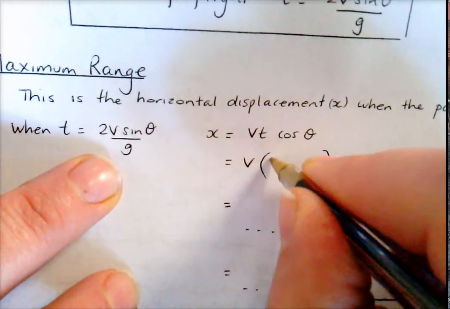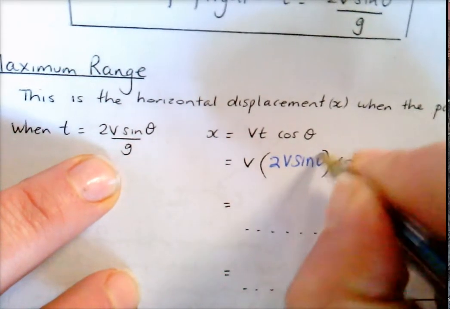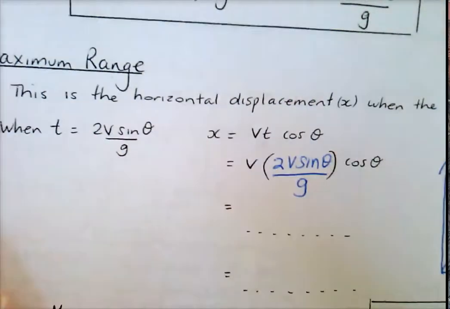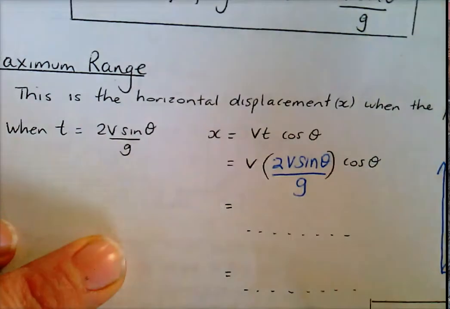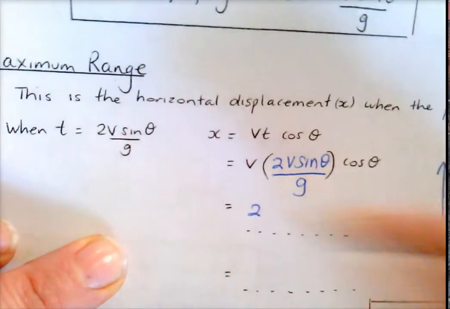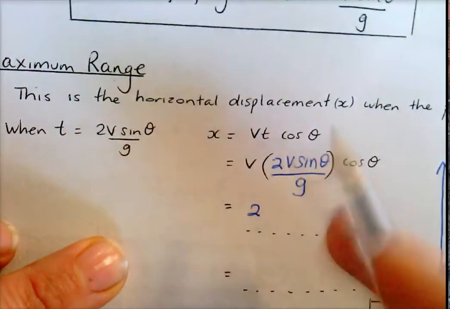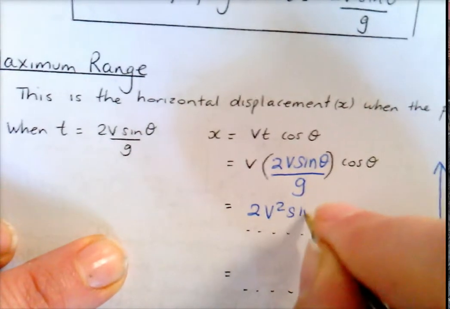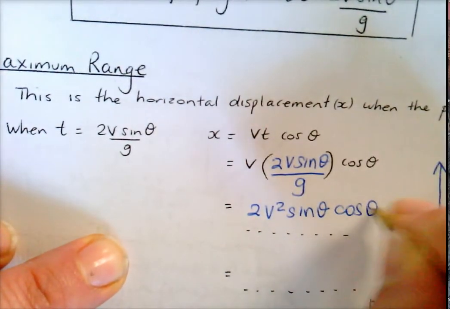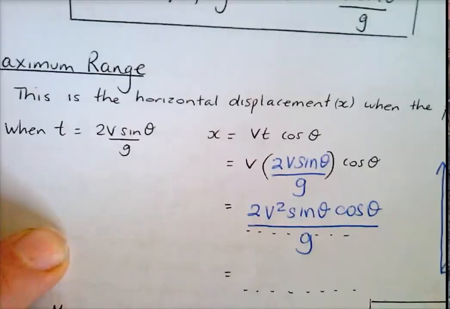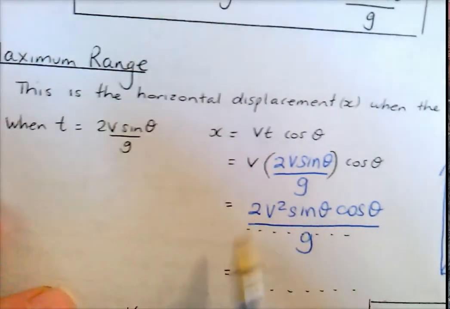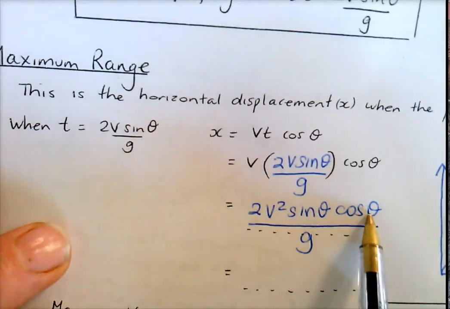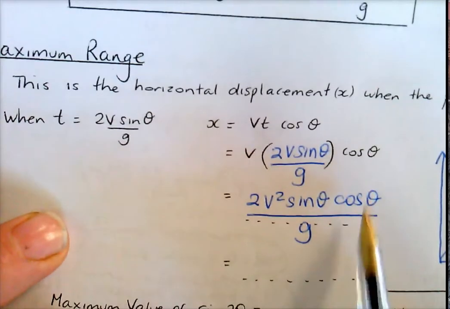So v times 2v sine theta over g times cos theta. And what do we get there, girls? So 2, what else? V squared sine theta cos theta on g. Now, yes, fantastic. 2 sine theta cos theta is the 3-unit double angle result.